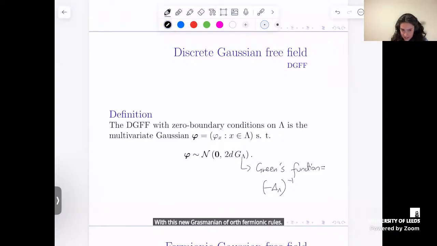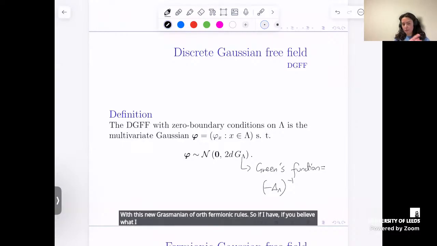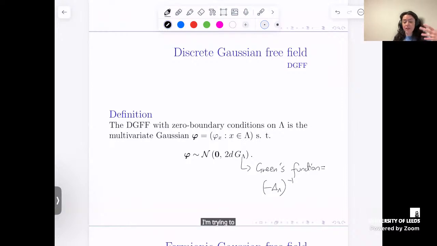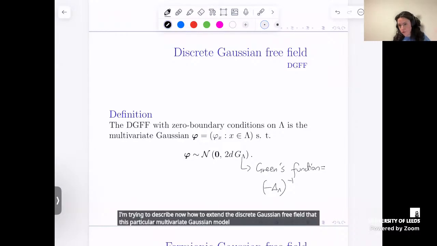So if you believe what I said and you say, okay, I have a multivariate Gaussian in the, let's say, traditional world, can you transfer it into the Grassmannian world? I'm trying to describe now how to extend the discrete Gaussian free field, this particular multivariate Gaussian model, to the fermionic or Grassmannian setup.